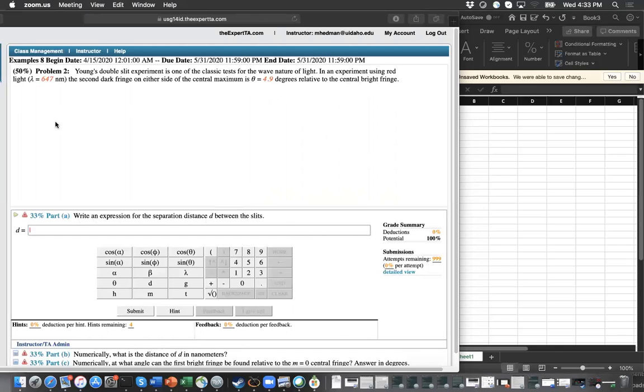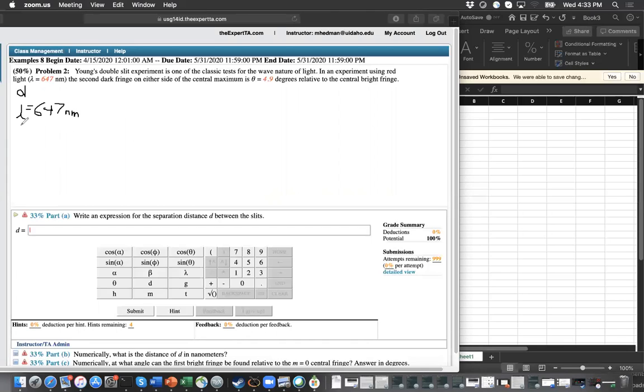Okay, so let's do this using our standard approach. We're first going to write down what we're looking for. We are looking for d. What do we know? Well, we know lambda is 647 nanometers.